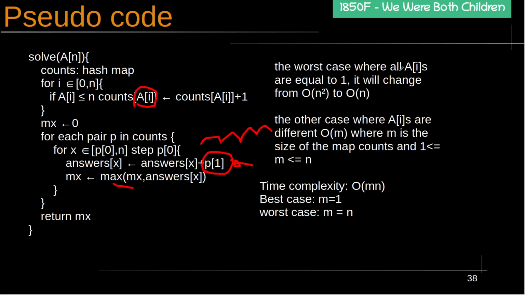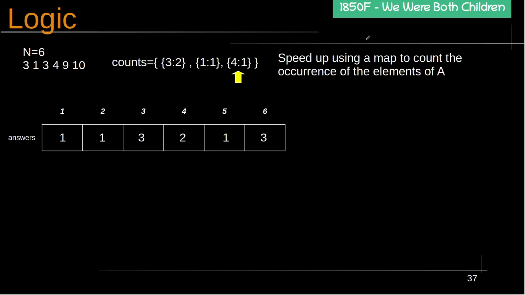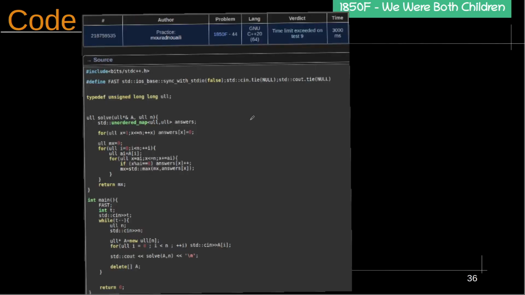So in the worst case, all A_i's are equal to 1. For this code, the worst case is when the array A is all ones. In this case it would be n squared.